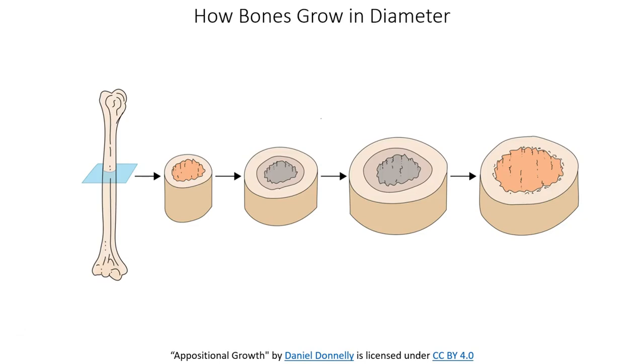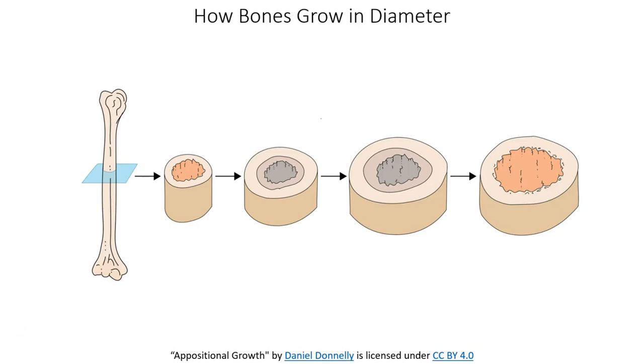So if you think about a tree branch, the smaller in diameter that branch is, even if it's super long, it's still going to be really fragile, versus a branch that is much larger in diameter, that's going to be a lot stronger. So similar idea with our bones, we want that strength. We don't want to be risking breaking our bones super easily. All right, so this is happening simultaneously, and the growth in diameter is called appositional growth.